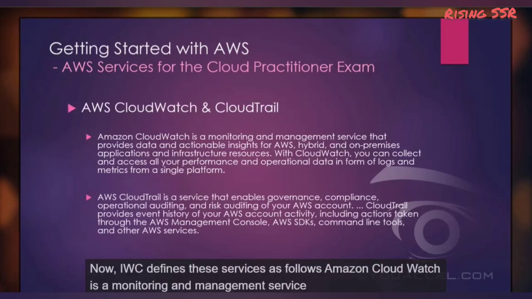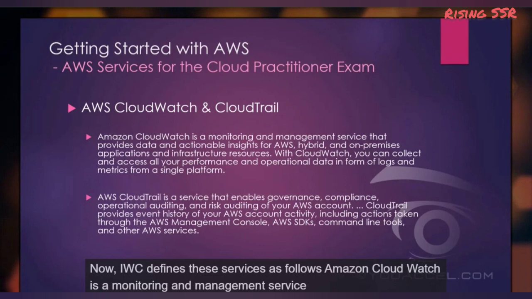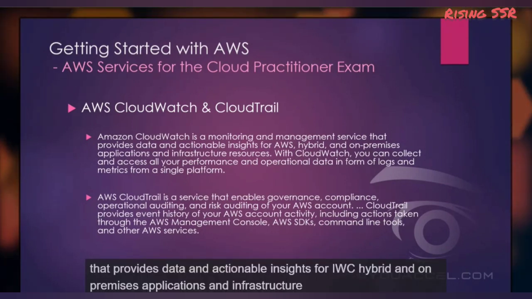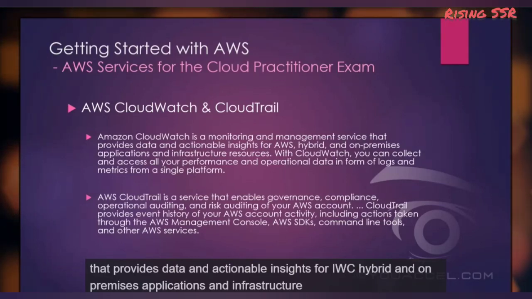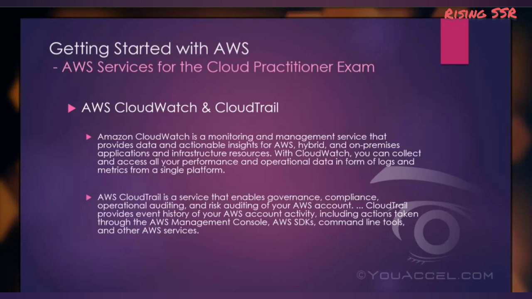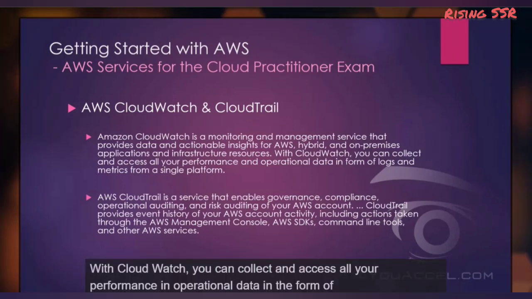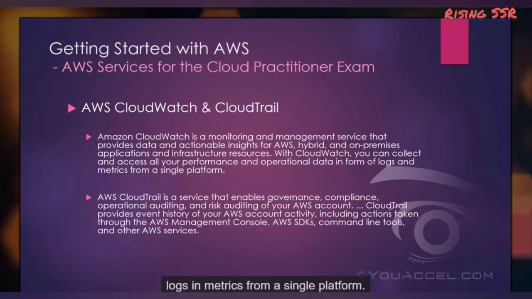Now, AWS defines these services as follows. Amazon CloudWatch is a monitoring and management service that provides data and actionable insights for AWS, hybrid, and on-premises applications and infrastructure resources. With CloudWatch, you can collect and access all your performance and operational data in the form of logs and metrics from a single platform.